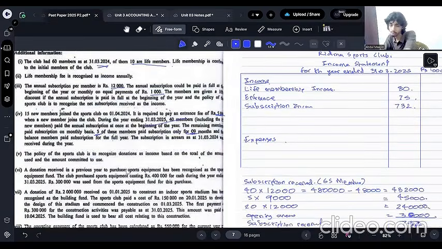The policy of the sports club is to recognize donation as income based on the total of the amount used and the amount committed to use. How much is used and how much is to be used. A donation received in a previous year to purchase sports equipment has been recognized as sport equipment fund.